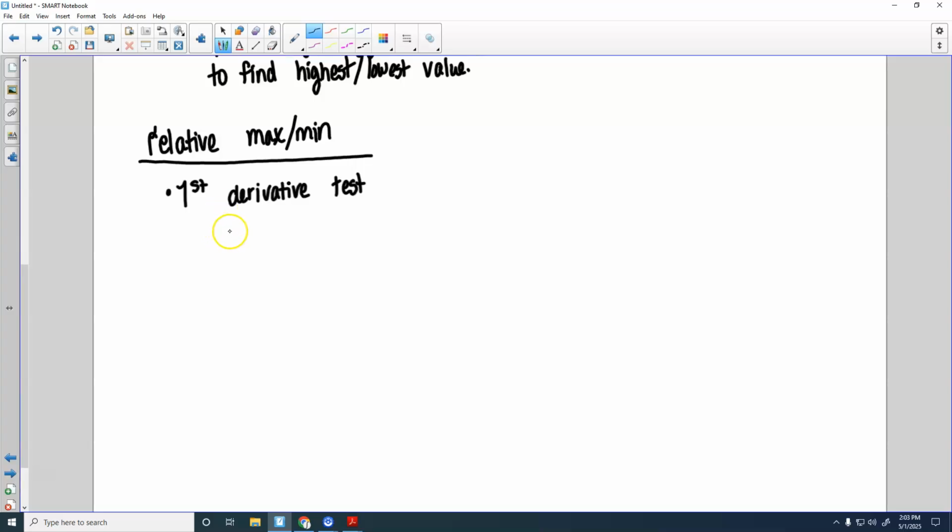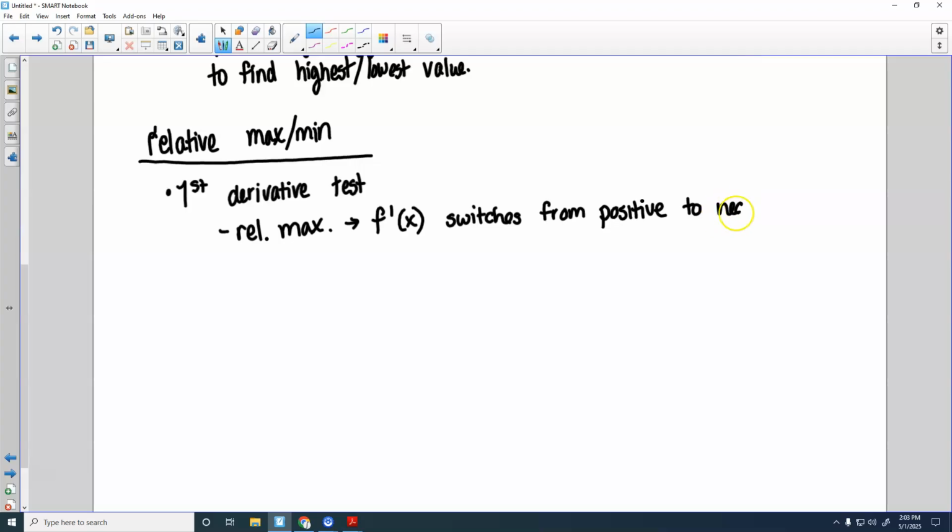So for a relative maximum, f prime of x switches from what to what? Positive to negative.